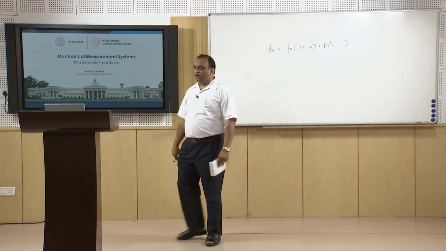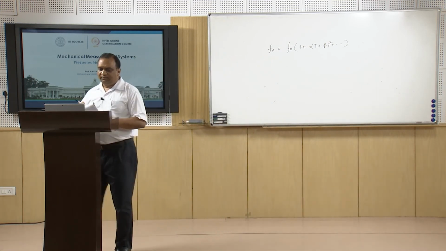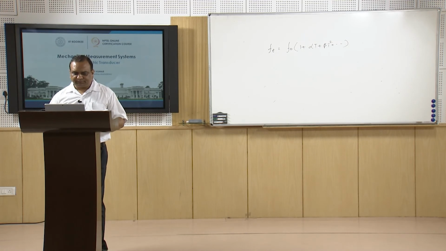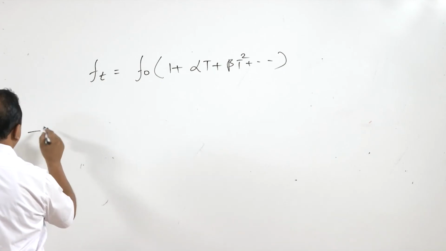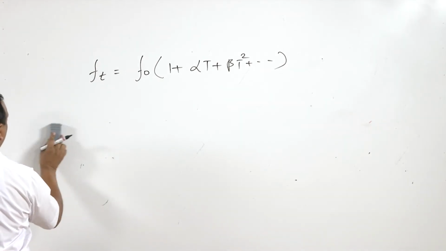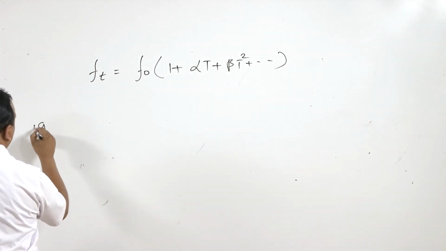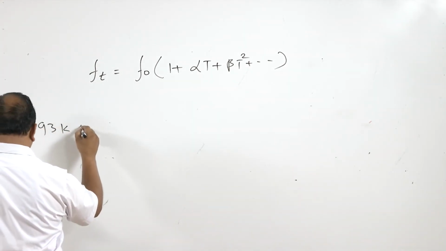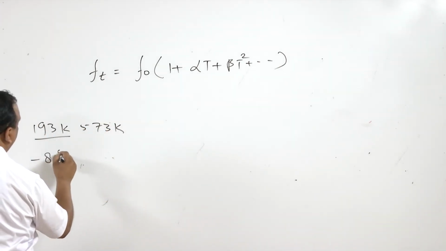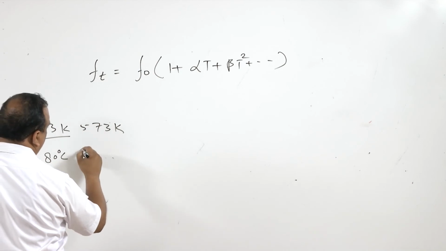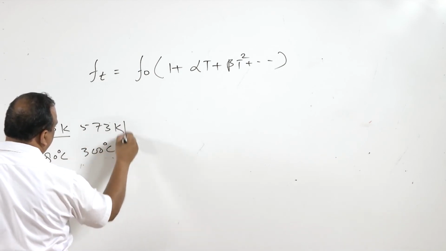But if we take the quartz, it is highly linear in a range of 193 Kelvin to 573 Kelvin, or minus 80 degrees centigrade to 300 degrees centigrade.